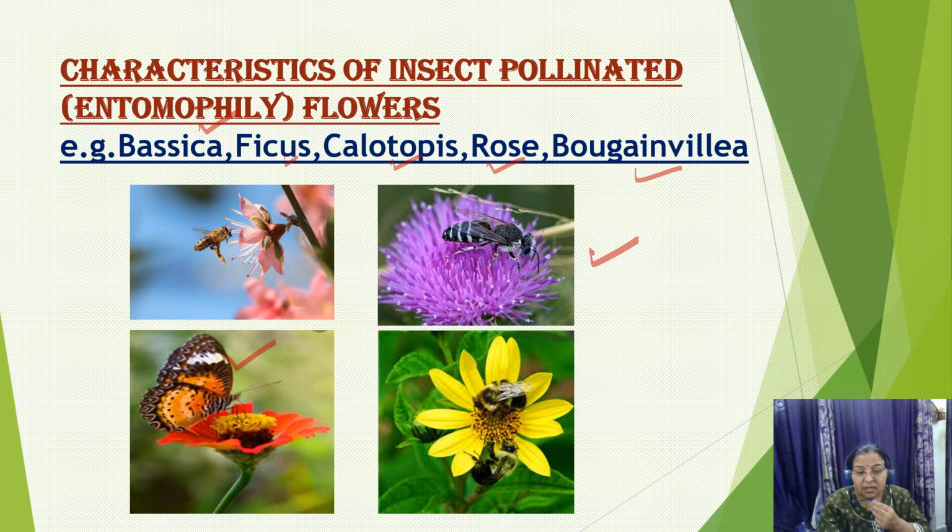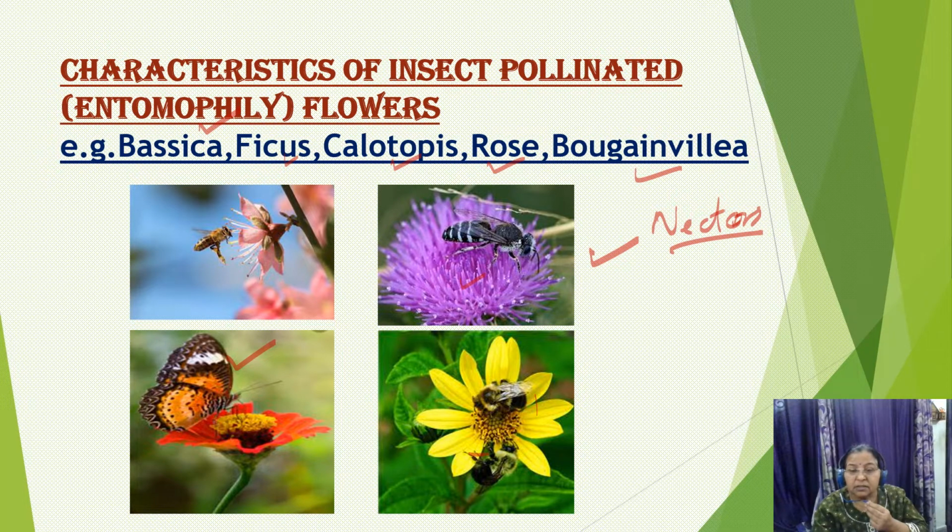Now you can see the characteristics of the flowers. They are colored. The corolla is very brightly colored to attract the insects. Here you can see corolla is red colored, yellow colored, purple colored. So corolla is very brightly colored. Then must have nectar. Nectaries in flowers must have, because insects are visiting them for these nectar only.